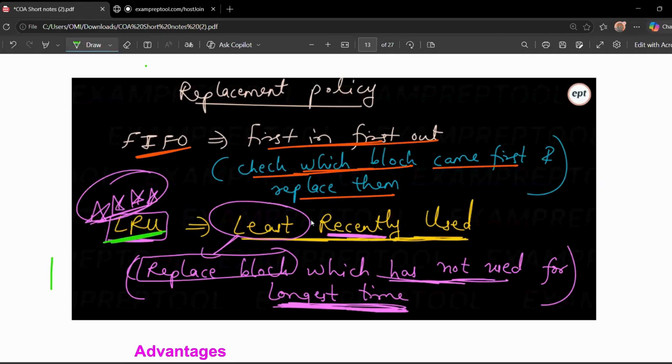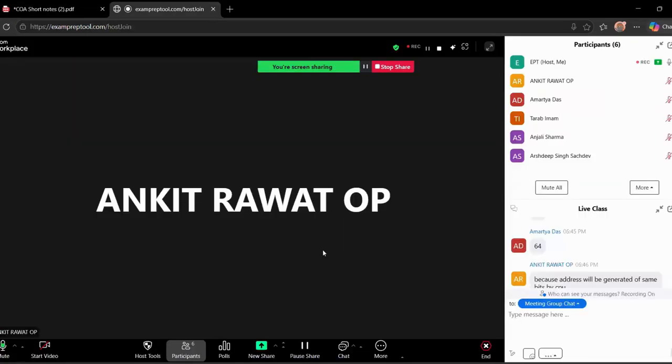Next is LRU. LRU stands for least recently used. The definition says: replace the block which has not been used for the longest time.